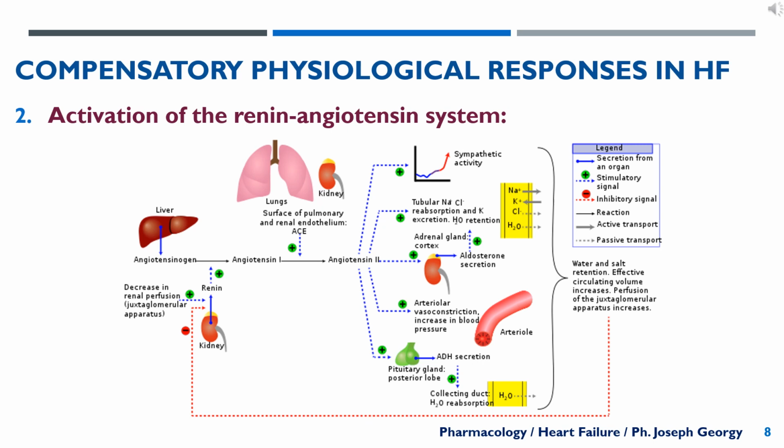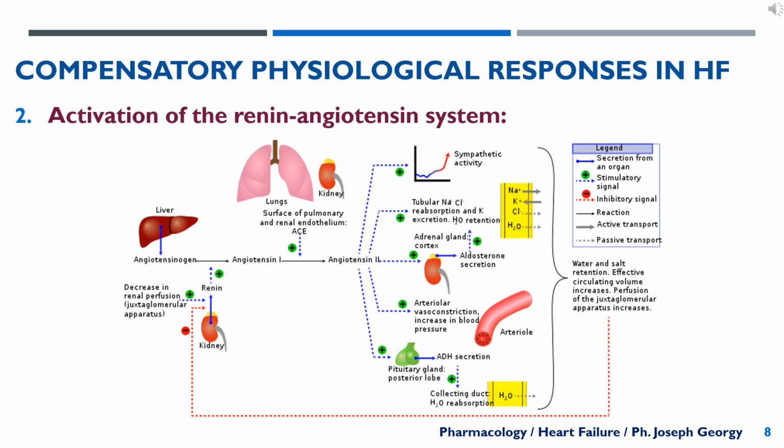The last thing that angiotensin 2 does is act on blood vessels. Within the blood vessels, we have arterioles. When we talk about arterioles, we have receptors for this angiotensin 2 on the surfaces of these blood vessels.